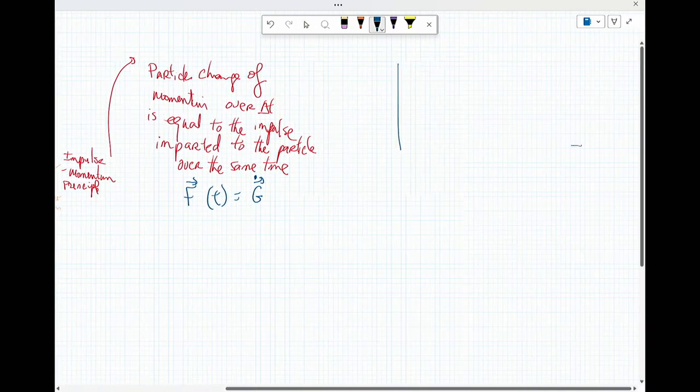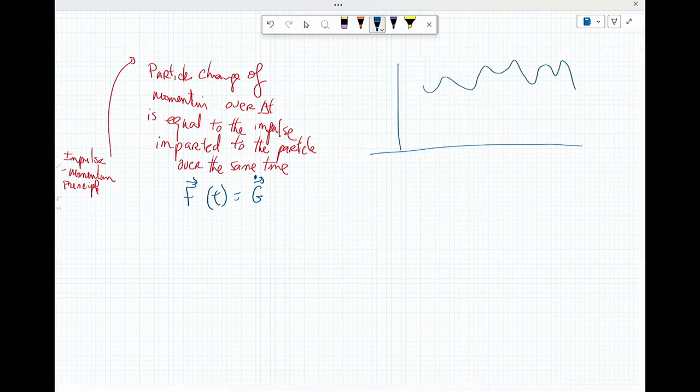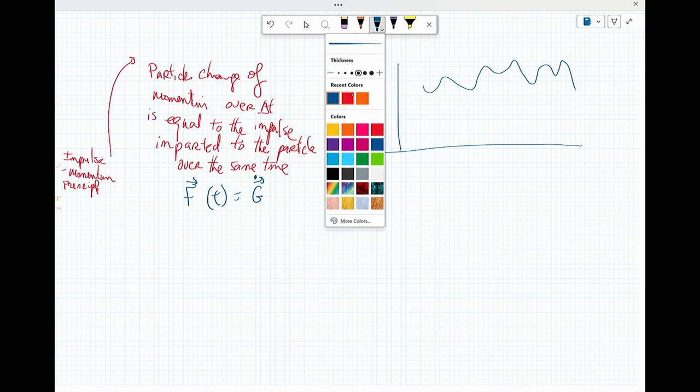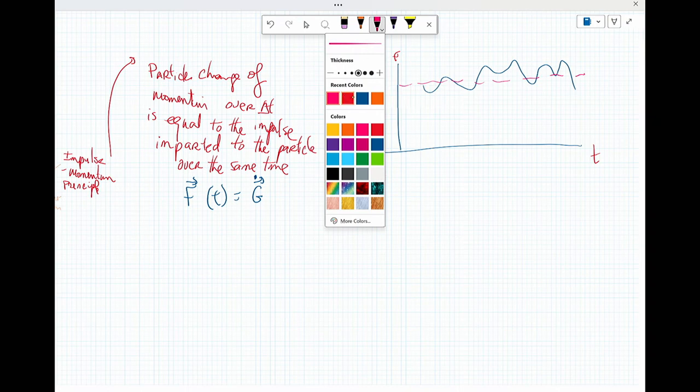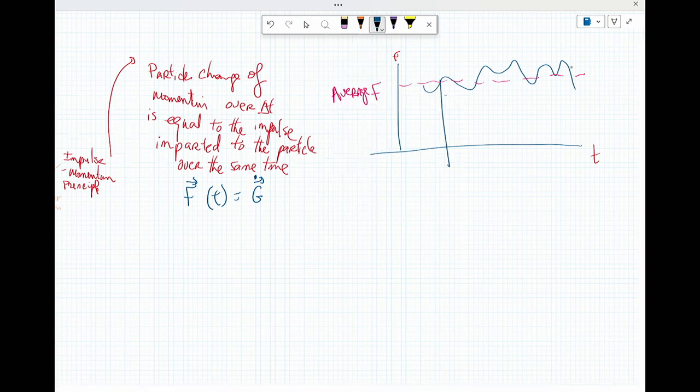I can recognize that if this is the force, and this is the time, I will have an average force imparted over that time that is equivalent to the area under the curve.